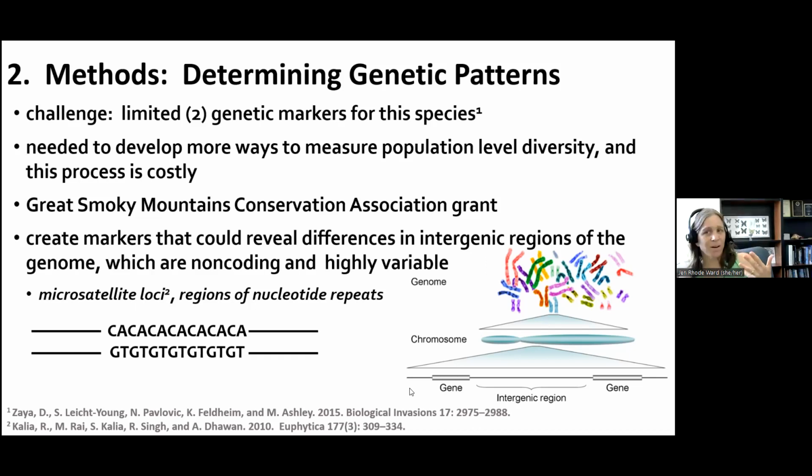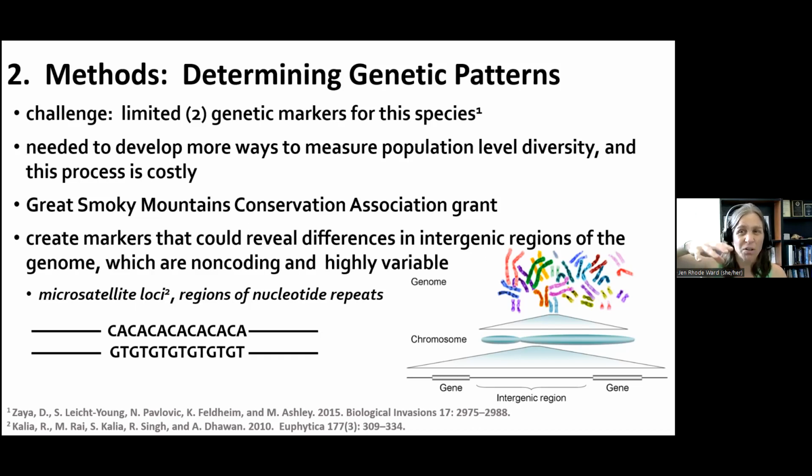So these are parts of the genome where the nucleotides, the A's and T's and G's and C's that make up DNA, repeat. And they repeat not because they're doing any function, but because the enzyme in your body and my body and the body of Asian bittersweet makes an error when it's copying the DNA.